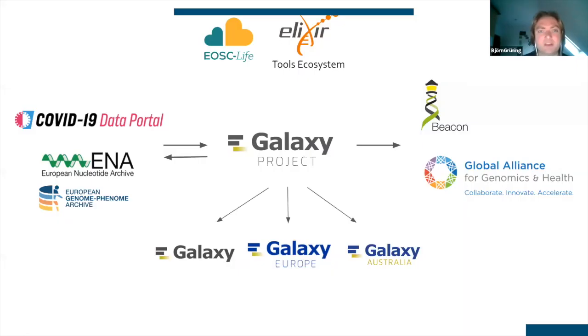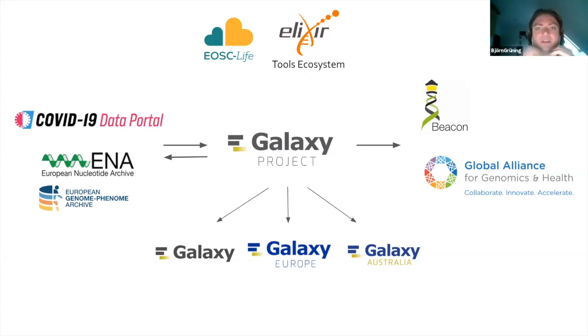Just to sum up before we start the questions: what you have seen in the last 5 seminars is how the European infrastructure and also the worldwide infrastructure has spun up a lot of highly reliable services like ENA, like Beacons, like these Galaxy servers for processing, and all are working together to make data accessible, so that you can take public data and analyze it compared with your own data.